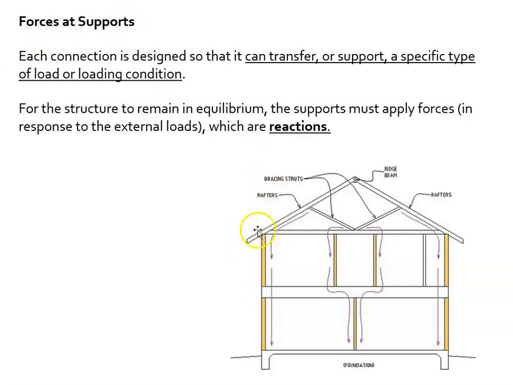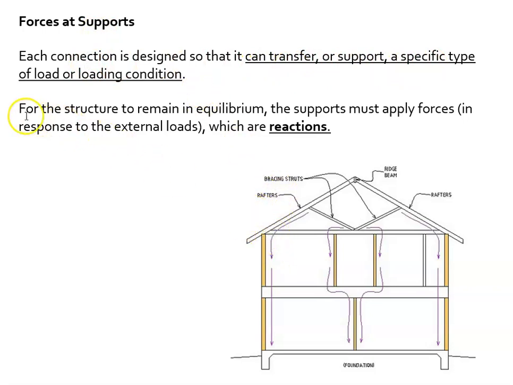If this wall is not moving, and there's 1,000 pounds of snow sitting up here, that means that rafter is collecting that 1,000 pounds and pushing down on this wall with 1,000 pounds of force, and that wall is pushing back up with 1,000. So that's what's happening at the supports. Each connection is designed so that it can transfer or support the loading condition.